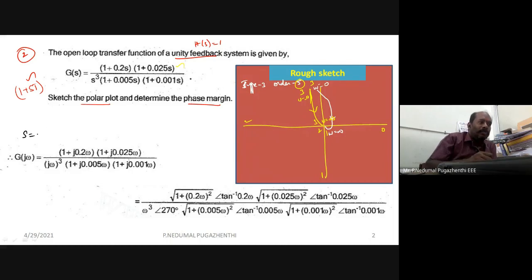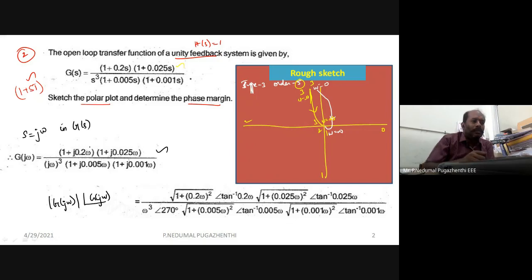So I will try to substitute s is equal to j omega in G of s. So my transfer function changes. Every sinusoidal transfer function has magnitude and phase inside it. For the first term, the magnitude is square root of 1 plus (0.2 omega) the whole squared, and the angle is tan inverse of 0.2 omega. This is your first term and this is your second term.